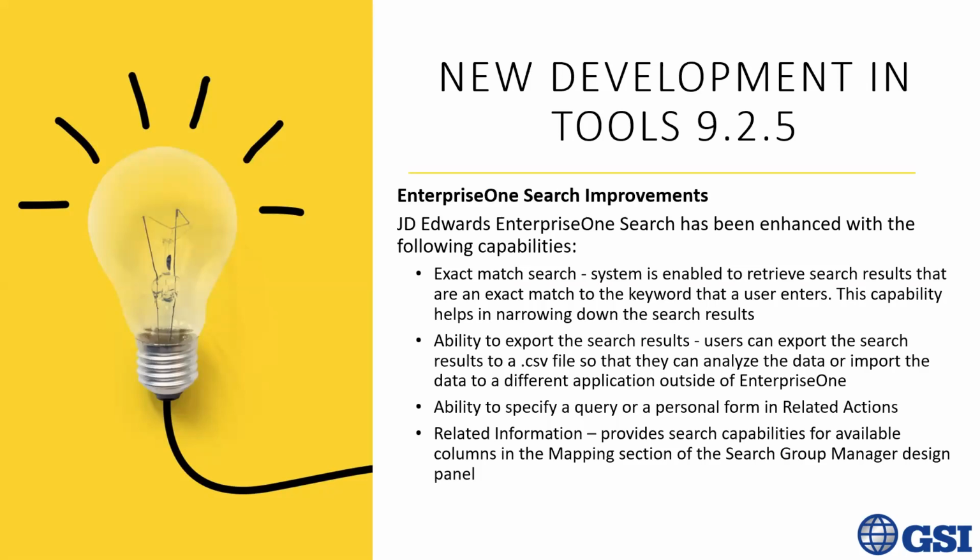Whereas before, if Tom just put in CAP, the system would bring back anything that contained CAP regardless of case. Now, if I just put in CAP with no asterisk, nothing else, it's going to look for the exact case and the exact string. So that ability helps you limit the search results you would see.